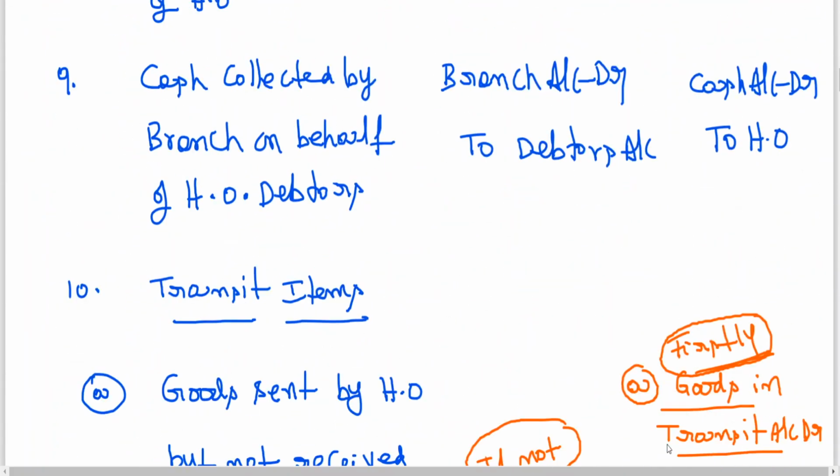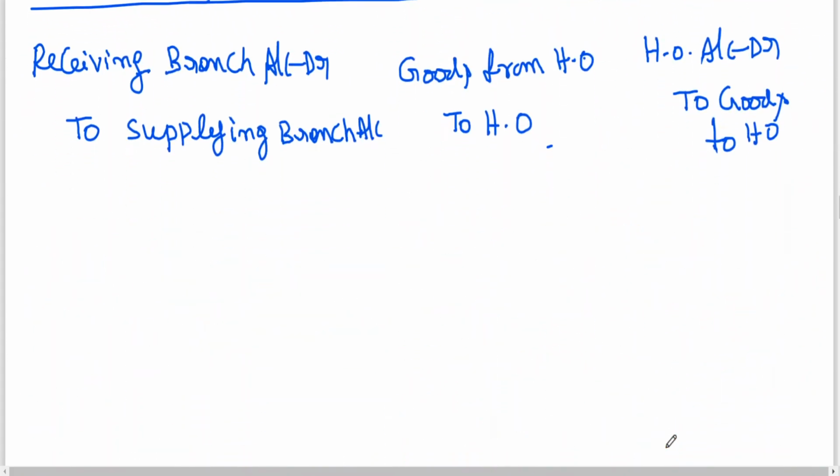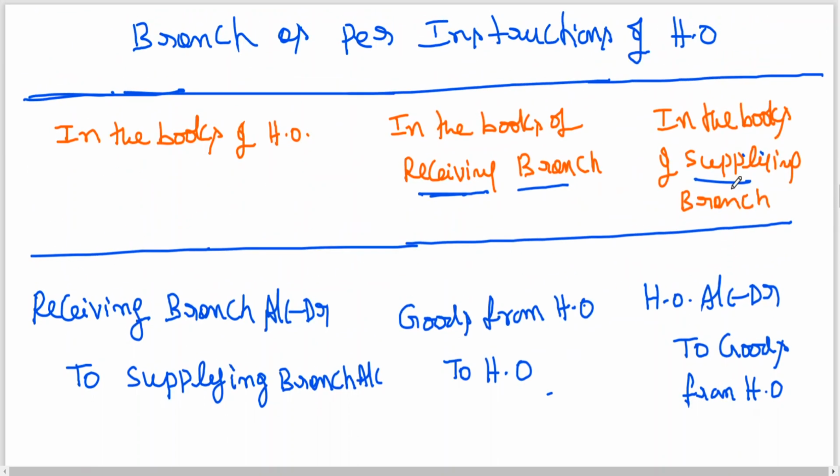It means as if goods have been sent. So here, goods to head office is for you to understand, but actually it's coming from where they are giving. To explain, I have written goods to head office, but the goods from head office which they got, they are giving back. In simple words, it's like a purchase return.